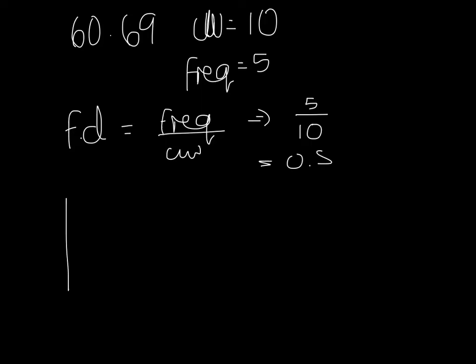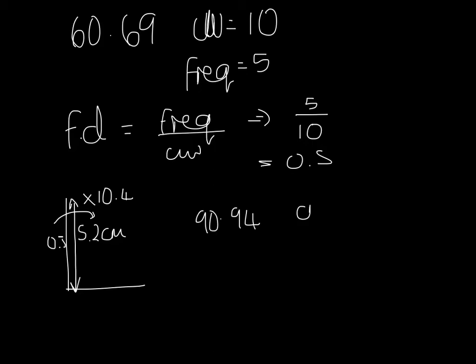And we know that that 0.5 as a frequency density is actually represented by a height of 5.2 centimetres. So we could work out a scale factor or ratio there by saying what does it take to get from 0.5 to 5.2. And so if we do 5.2 divided by 0.5, we should get that scale factor. That's multiplying by 10.4.